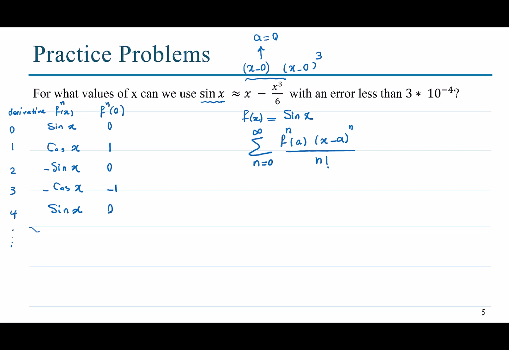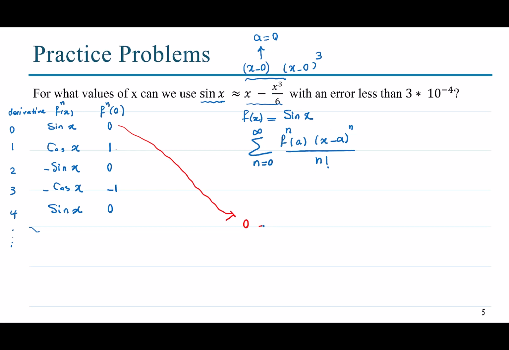So now let's go back to these two terms and how they relate to these derivatives. For the first term, I have 0. For the second term, I have 1 multiplied by x to the 1 divided by 1 factorial.